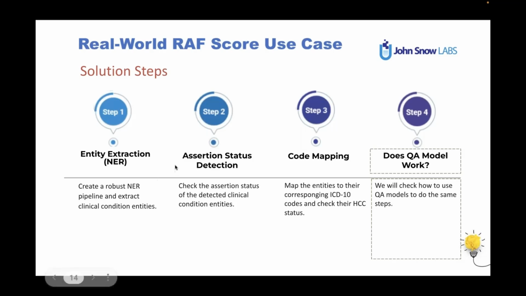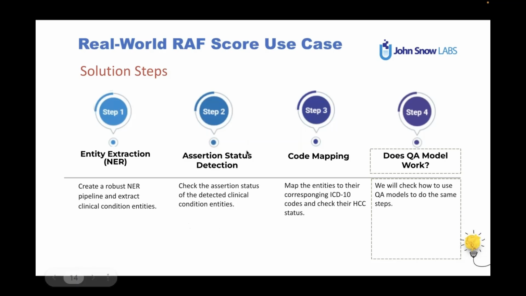Okay. After extracting the entities, we need to check the negation status of those entities. As I explained before, if they are related to someone else or the patient's family members, or if they are absent, like no evidence of carcinoma, for example, we need to discard this one, right?